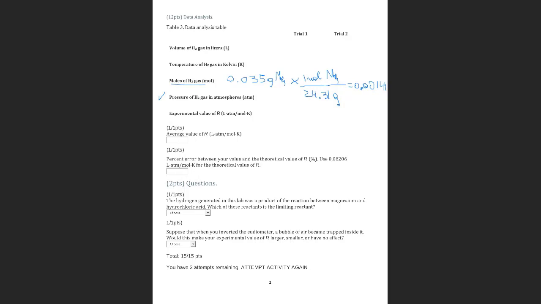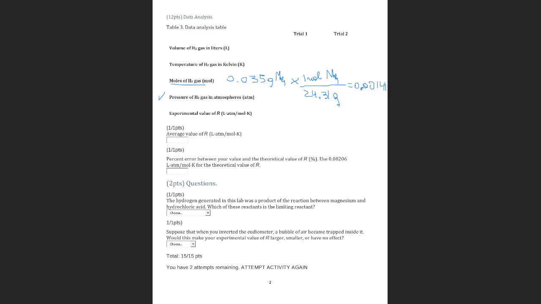It was 18.7 torr. So I have to convert the torrs into the atm. So how do we convert that? Let me look at the data of the atmospheric pressure. The atmospheric pressure is 762 torr as well.